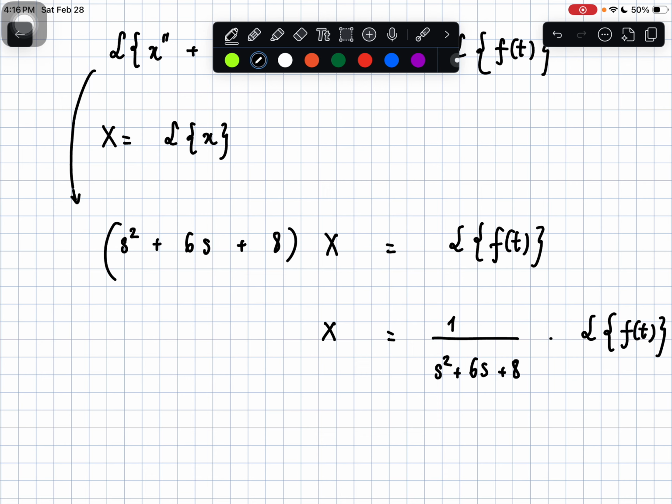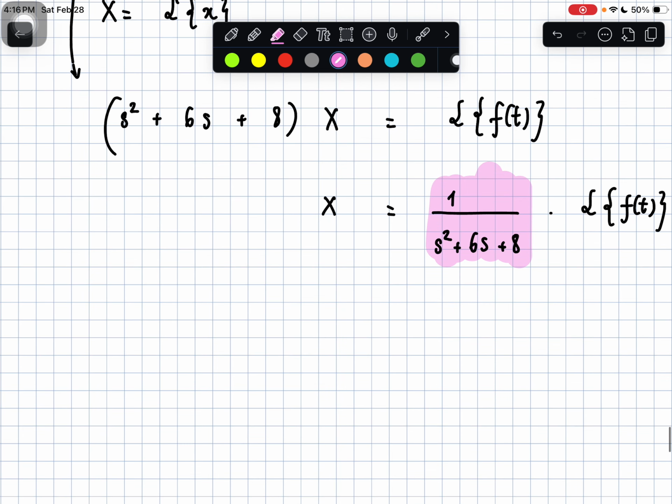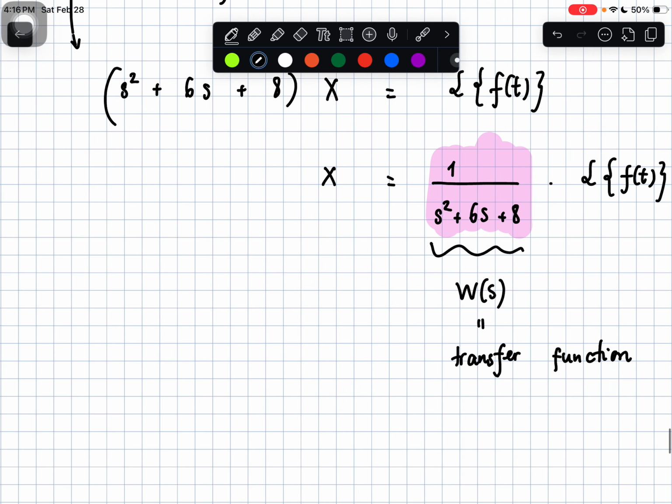Now this function, 1 over s squared plus 6s plus 8, is a transfer function, W(s), the transfer function. Now we try to find the inverse transform of that transfer function.